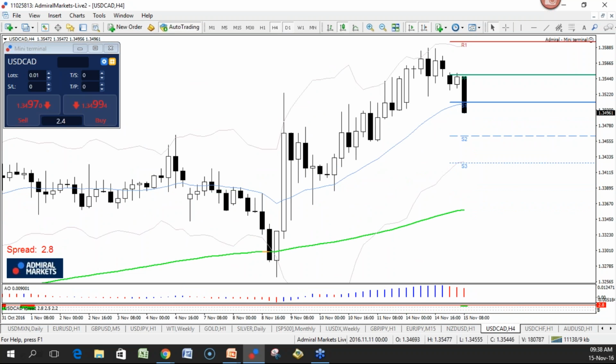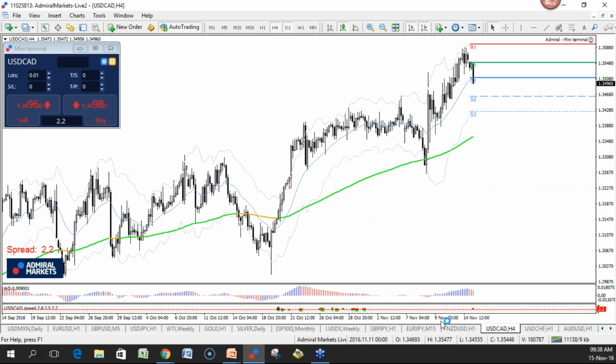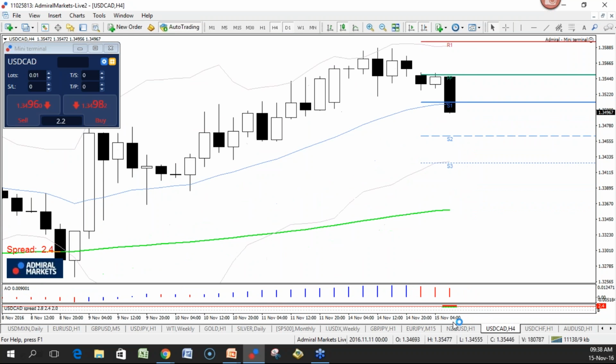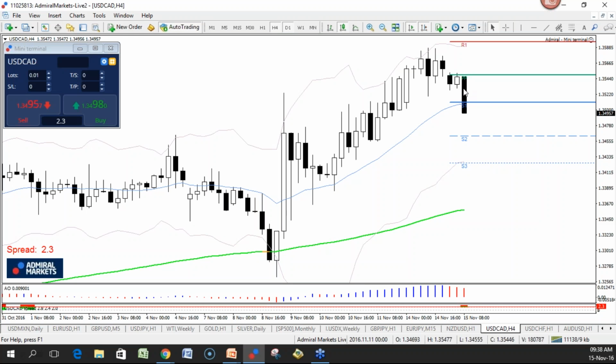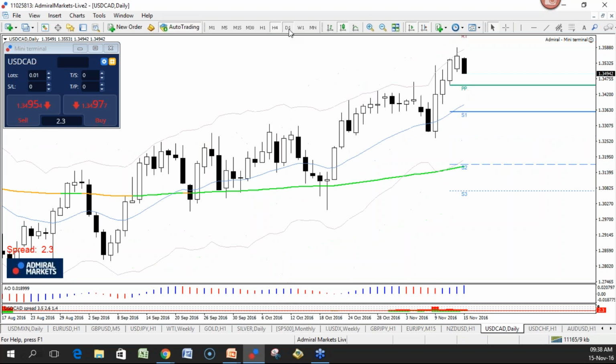Making a retracement right now. A retracement could be deep though, looking at the 4-hour chart.